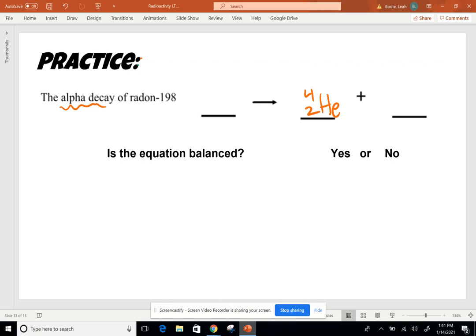My second important piece of information is from radon 198. And so remember, this is an isotope name. So I have my name of the element, and then remember, this is our mass number. So our symbol here for radon is Rn.